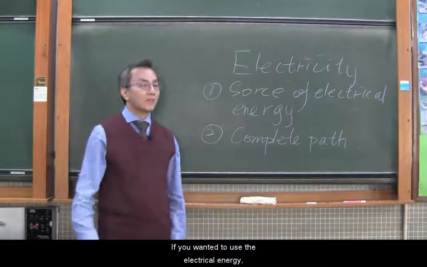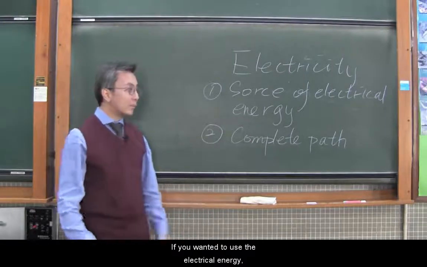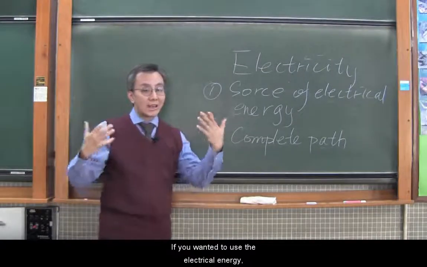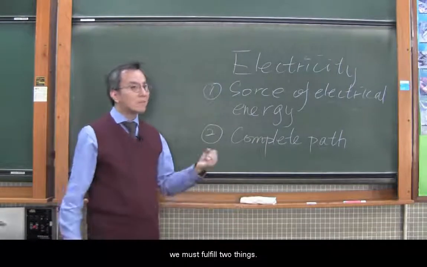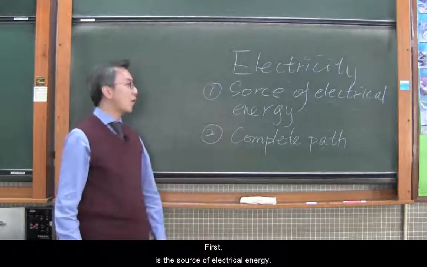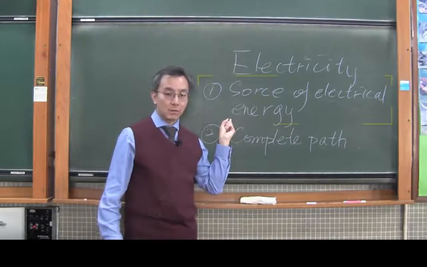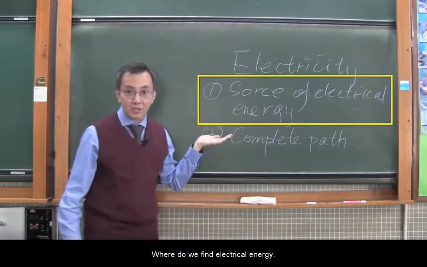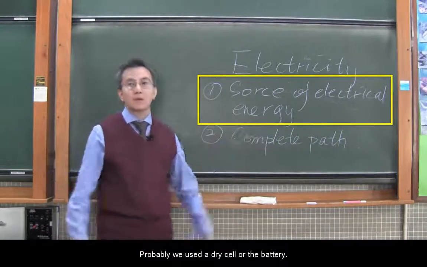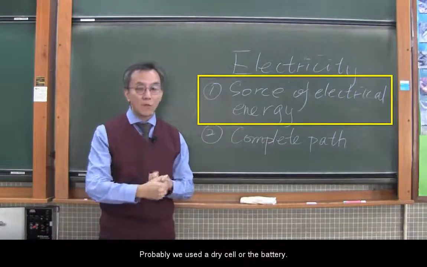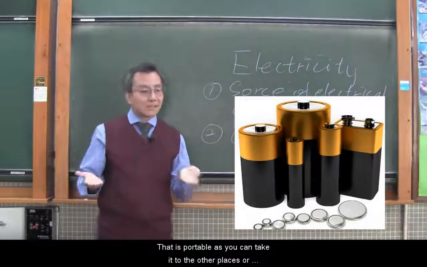Now, to make things happen, that means if we want to use electrical energy, we must fulfill two things. First is the source of electrical energy. Where do we find the electrical energy? Probably we use the dry cell or the battery. That is portable.